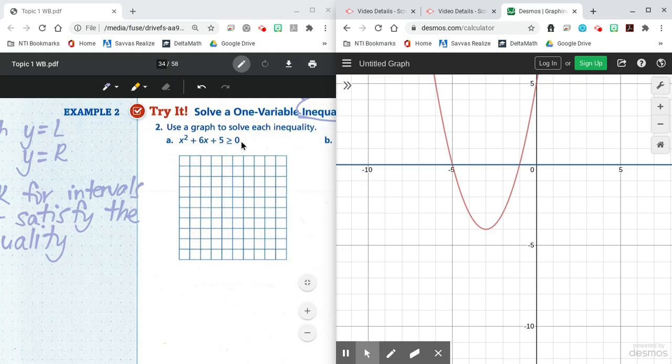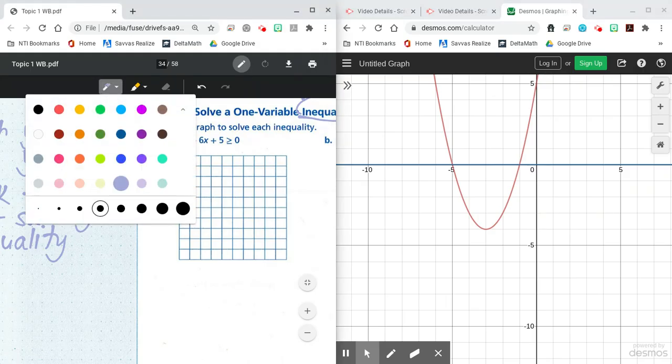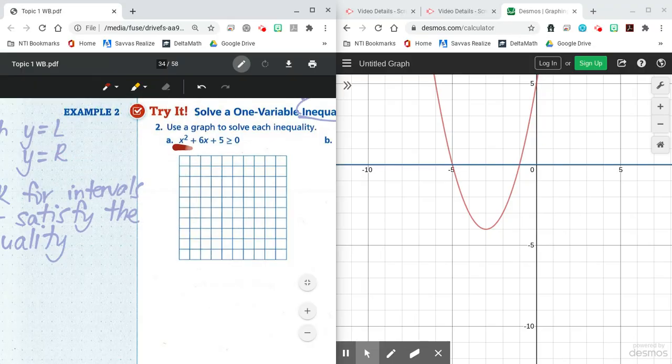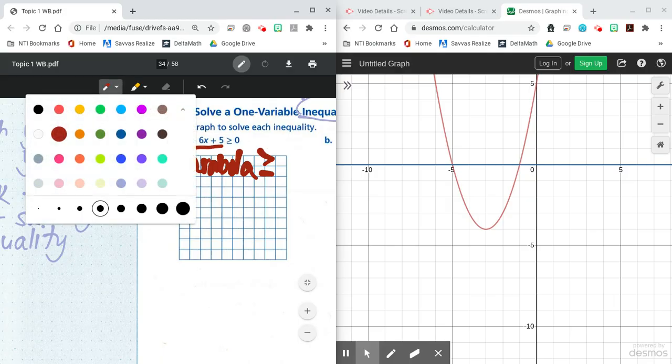So in other words, it might be helpful if we label these a little better. So this part is the parabola. So I'm looking for where the parabola is greater than or equal to, and the 0 is actually this time on the x-axis.